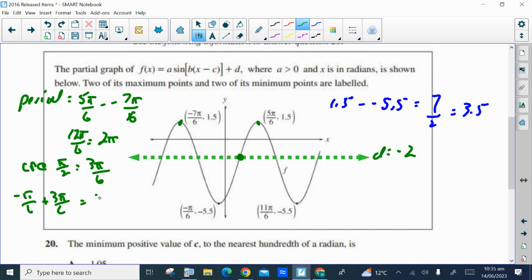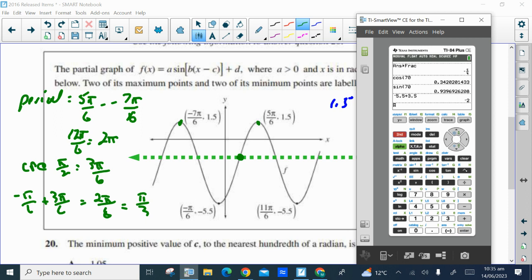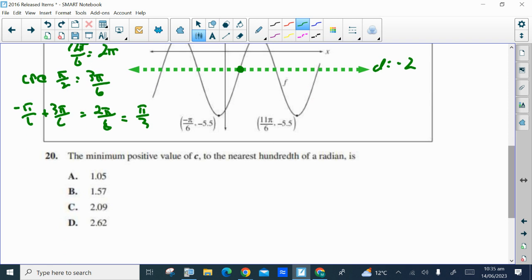That'll give you 2 pi on 6, which is pi on 3. And if you go pi divided by 3 in your calculator, you should have the answer. To the nearest hundredth, 1.05 of a radian. So that's why that was the correct answer.